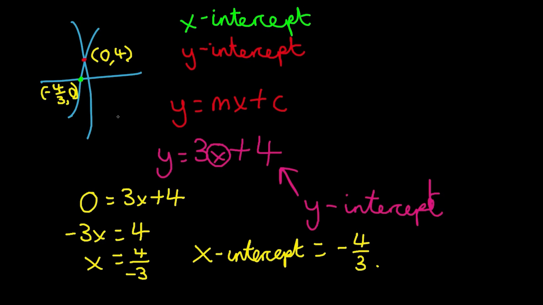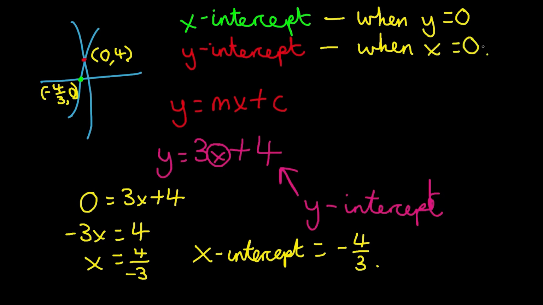Okay. So to summarise these points, the x-intercept occurs when y equals 0, and the y-intercept occurs when x is equal to 0. So we'll keep those points in mind.